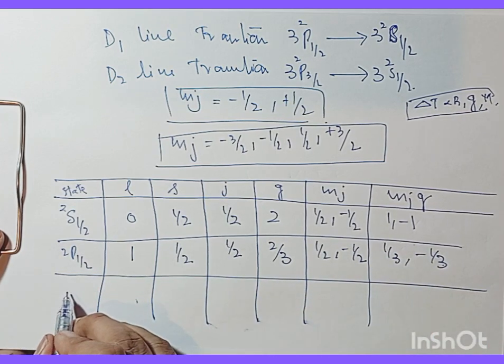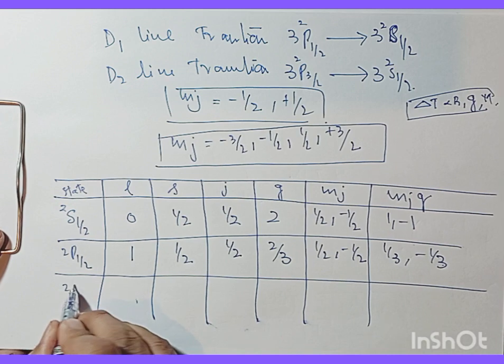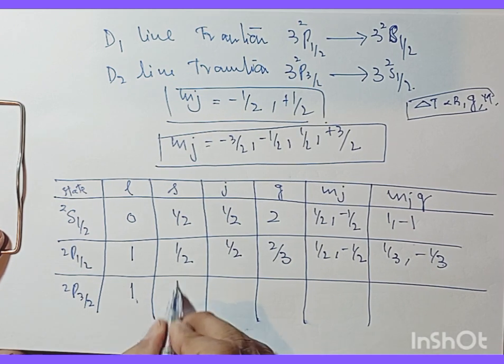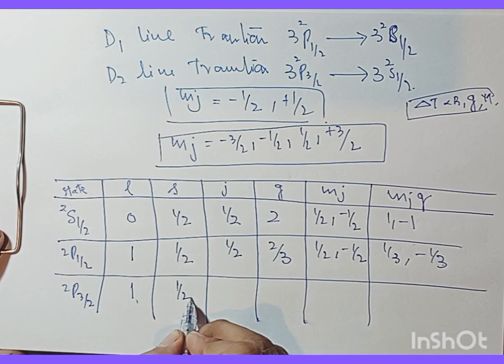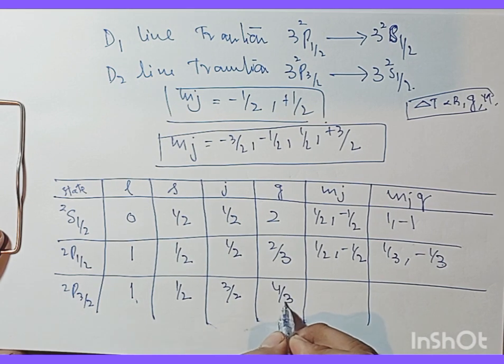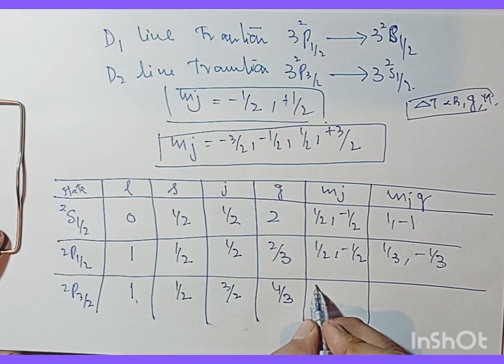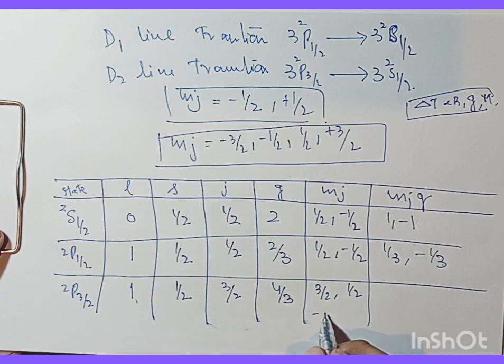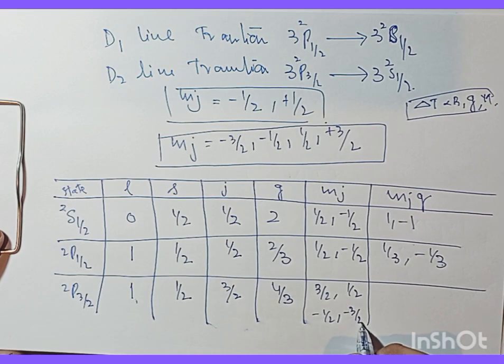Then we will have the third state, that is 2p 3 by 2. For this, L is 1, S is half, J is 3 by 2, and g is 4 by 3. It must have four mj values, that is 3 by 2, 1 by 2, minus 1 by 2, and minus 3 by 2.